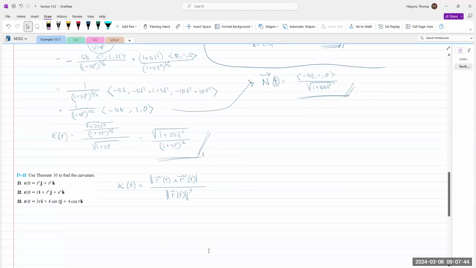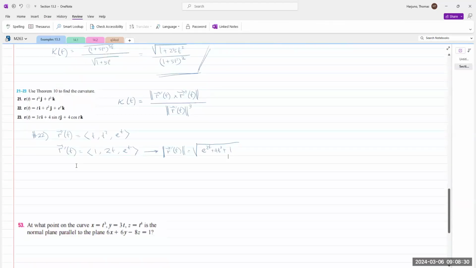Now, if I just need to find the curvature right away, instead of finding the unit tangent vector and then taking the derivative, I will just work with r prime and r double prime. For example, number 22, r of t is t squared e to the t, such that r prime t is 1, 2t, e to the t, whose magnitude is square root of e to the 2t plus 4t squared plus 1.